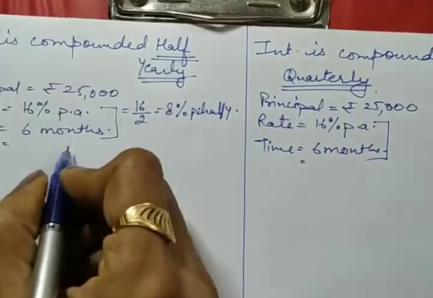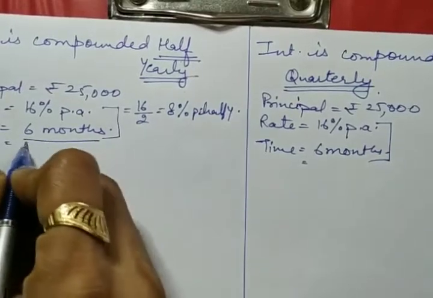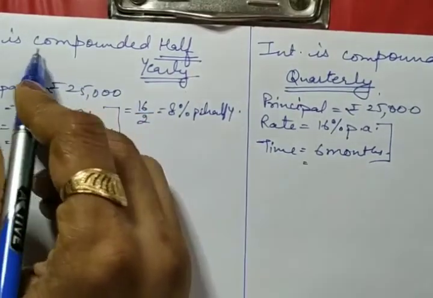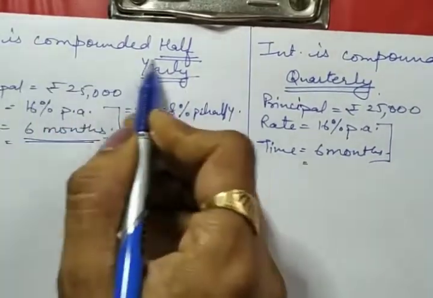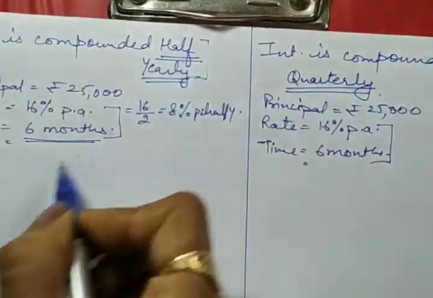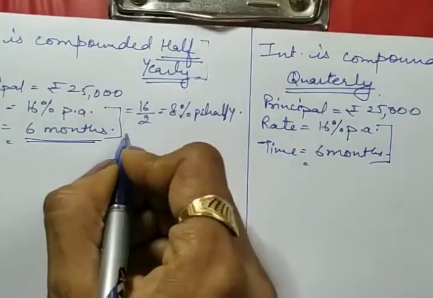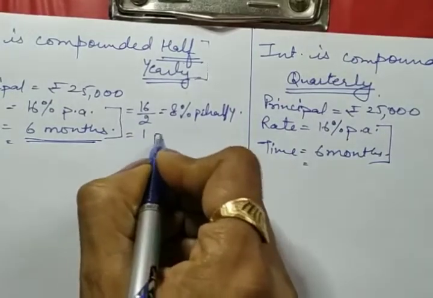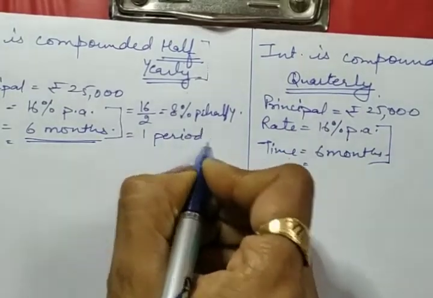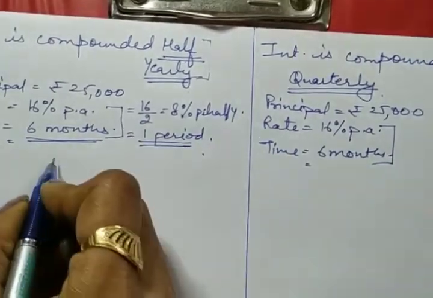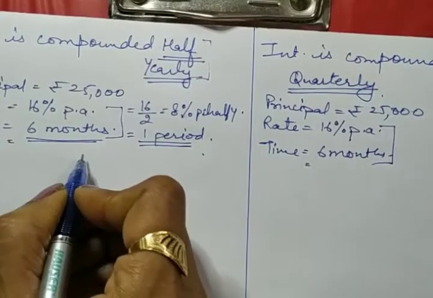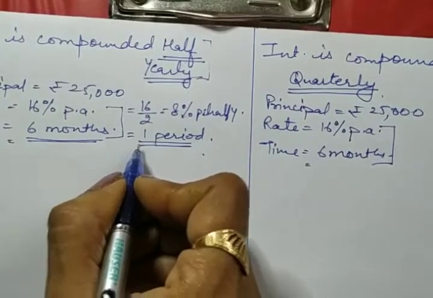Likewise, time is 6 months and we have to find compound interest when interest is compounded half yearly. We have already 6 months, so it is only one period, as we know there are total 6 months in half year.